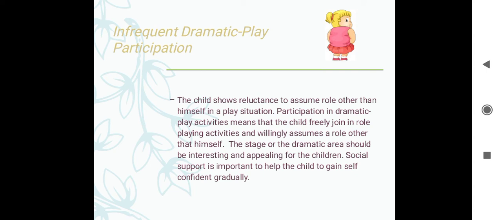Jadi pendedahan ataupun galakan perlu dilakukan oleh orang dewasa untuk membentuk self confidence.